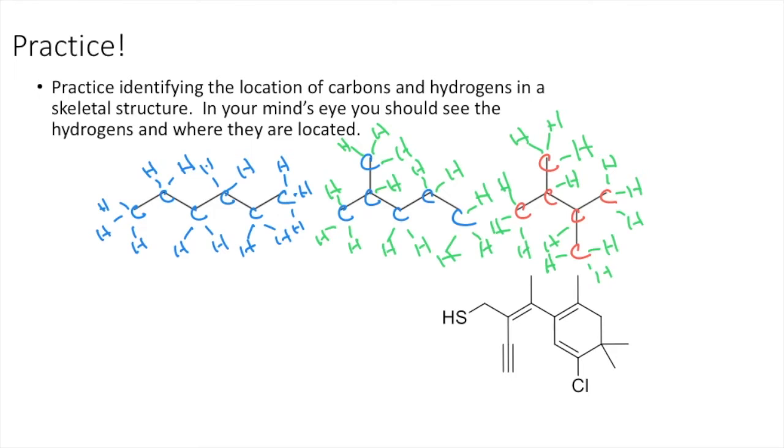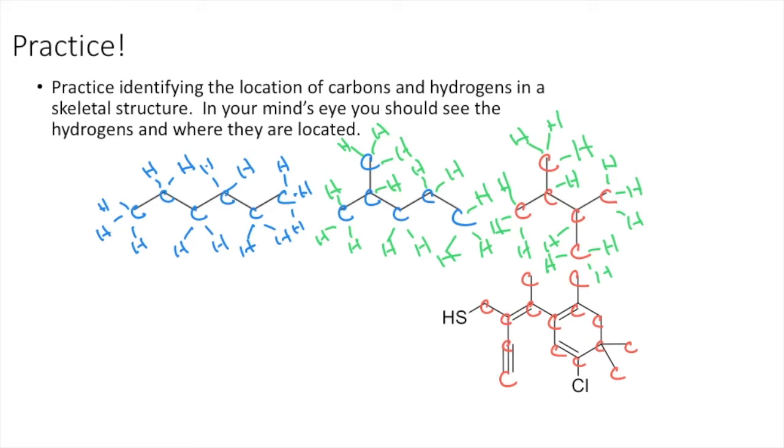Okay, and then finally the last one. So we've got carbon here, here, here, and here, right here, all along this ring, and then at those ends of those sticks.